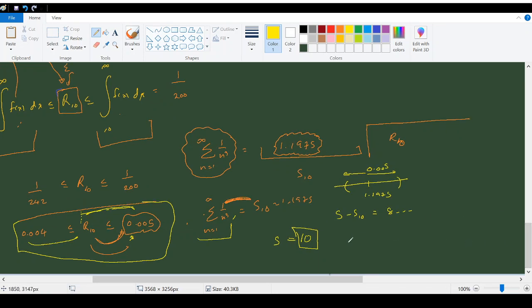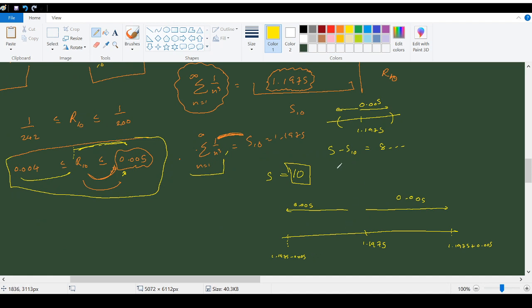From this side also you can mention something. Here you have the addition of the first 10 terms, and the actual answer should lie between these two. The left-hand side of the inequality says that the error must be greater than 0.004.